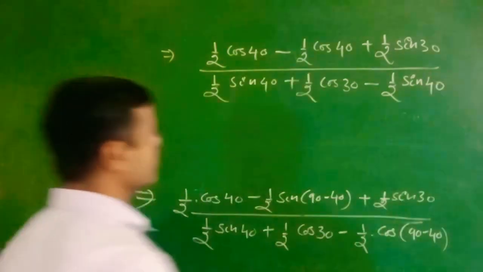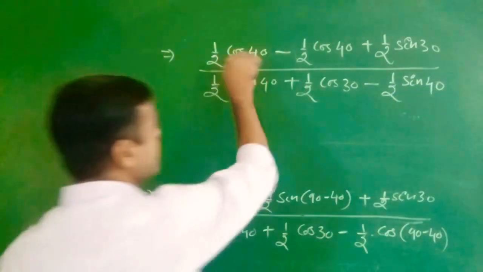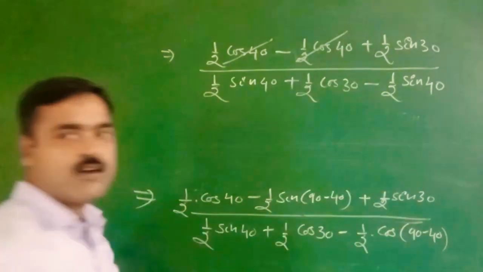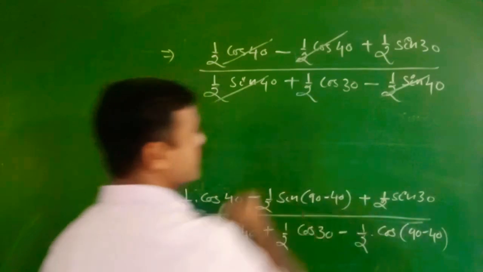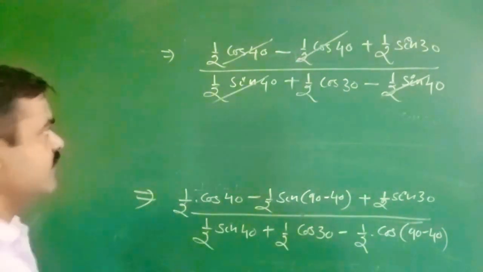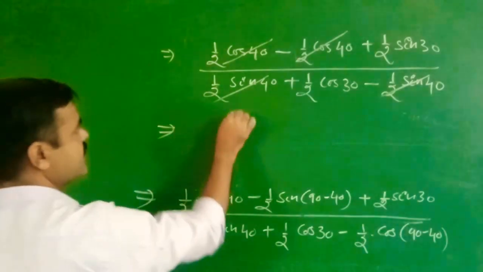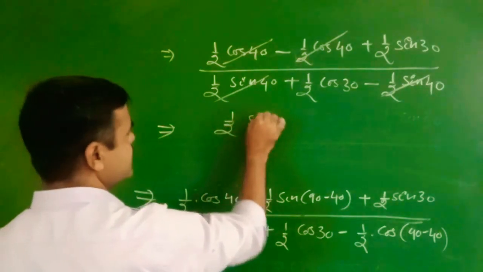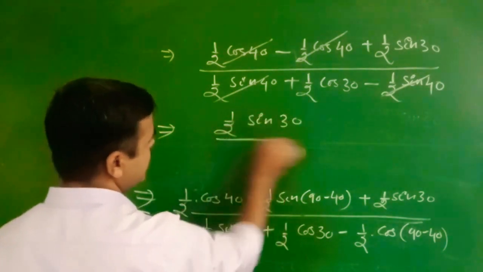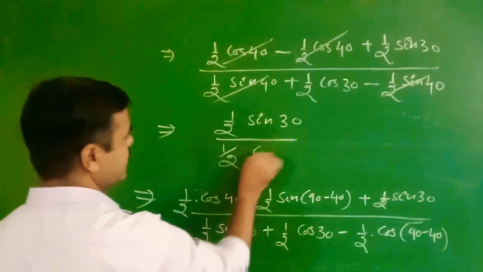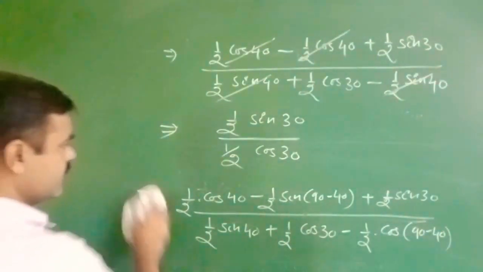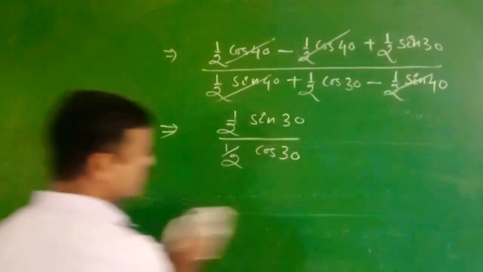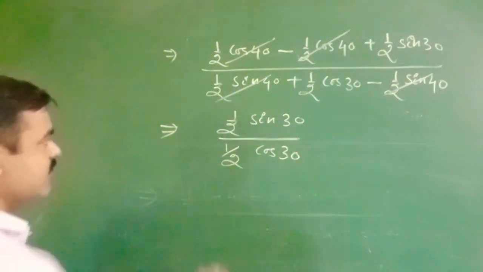Now you can see here that these two terms are equal and opposite, so they cancel out, and 1 by 2 sin 40 and minus 1 by 2 sin 40 again cancel out. So the remaining terms are 1 by 2 sin 30 divided by 1 by 2 cos 30. Now you can see that 1 by 2 again cancels out.